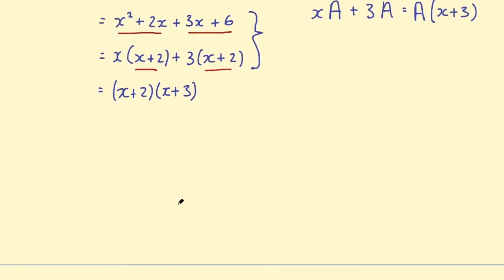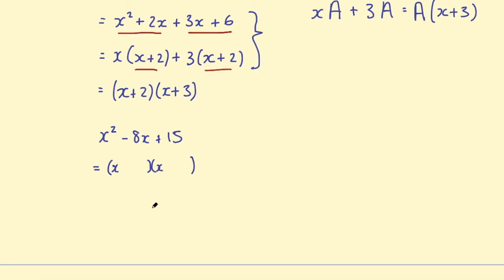Let's look at another example. So if we have something like x squared minus 8x plus 15, what I'm going to do here is aim to break this into two brackets straight away. So the first terms, if there's no coefficient of x, are just going to be x and x.